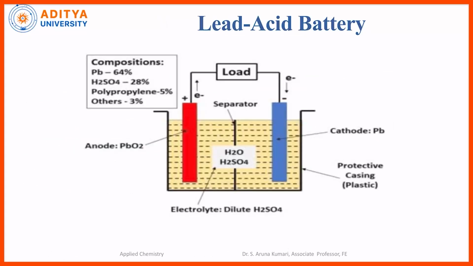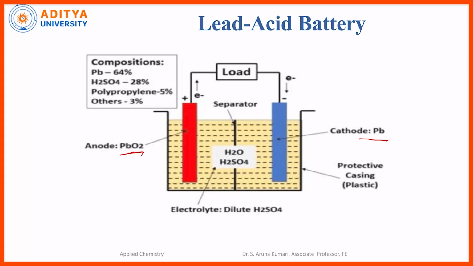Here we have a clear picture showing the lead acid battery. We have 2 electrodes, both made up of lead. At the anode we have lead coated with lead oxide, and at the cathode we have lead coated with spongy lead and lead oxide.